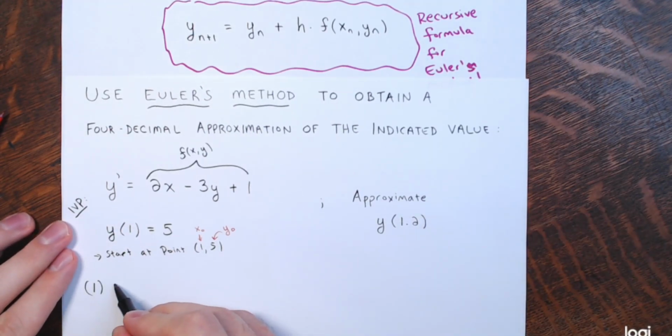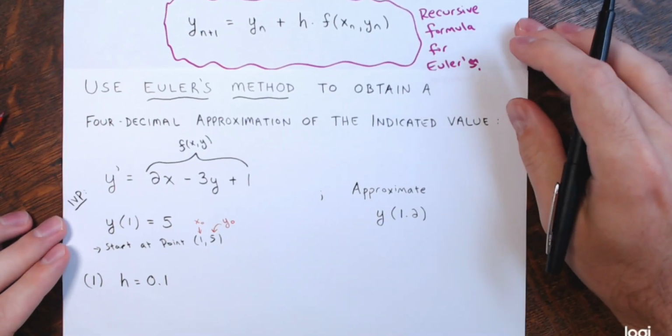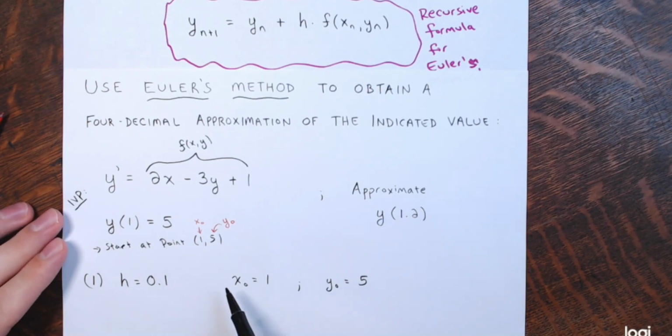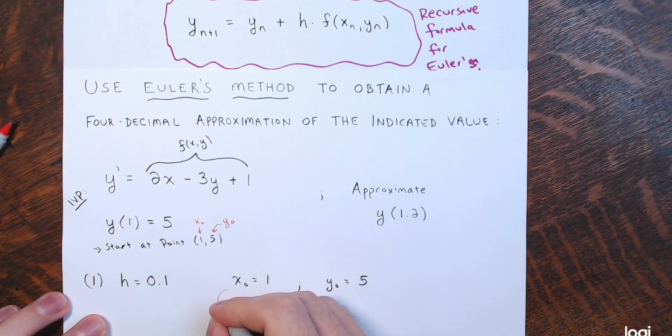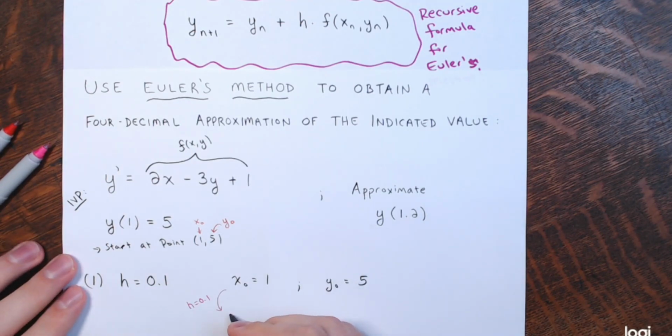So x0 equals 1, y0 equals 5, and then I make a step of h, 0.1, to the right. We get x1 equals 1.1.